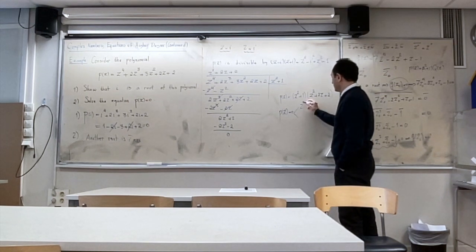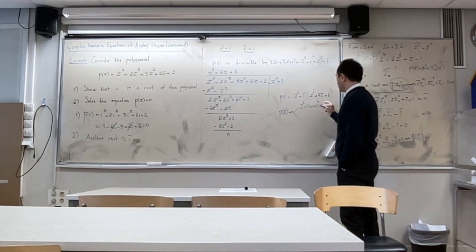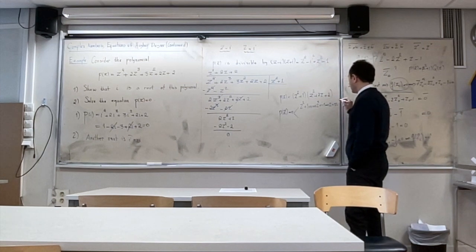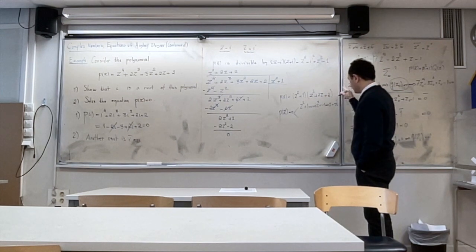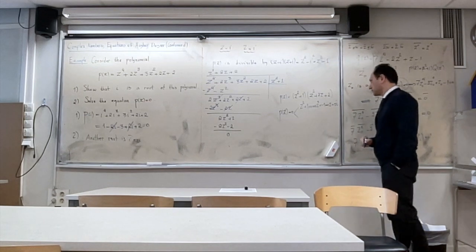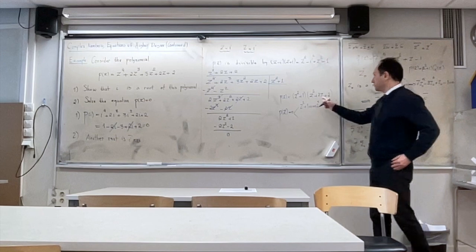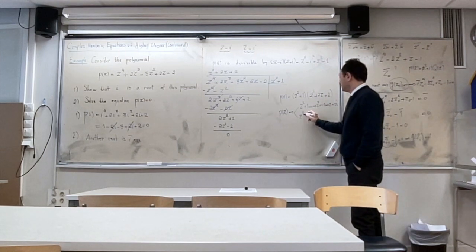Either this one is 0, which is not surprising, because if I solve it, I know what I get. z squared is minus 1, so z is plus or minus i. It becomes plus or minus the square root of minus 1, and the square root of minus 1 is i. But of course, it is not surprising, I already knew the answers. So this is the one that I didn't know.